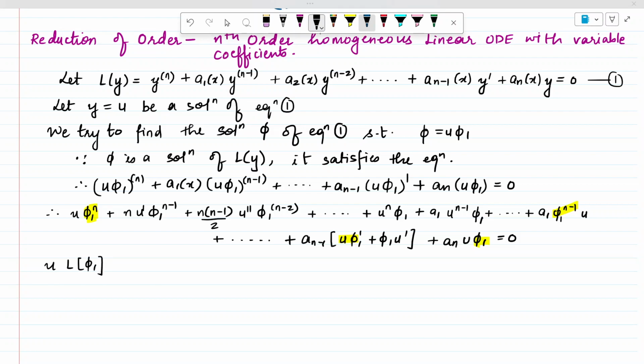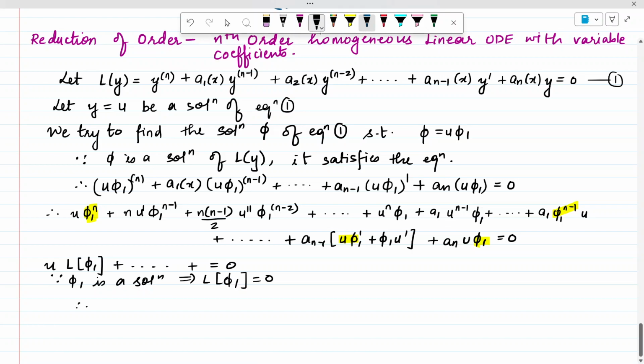Which we know is going to be 0. Correct? Which we know is going to be 0. So this, and you will have other terms, and you will say this is equal to 0. Since phi 1 is a solution, we say that L of phi 1 is going to be 0, and therefore the term of u is going to vanish.